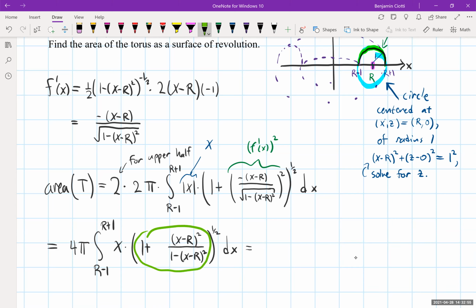This can be simplified, by the way. It's just 1 over 1 minus (x minus r) squared. So I get 4 pi times the integral from r minus 1 to r plus 1 of, after taking the square root, x over the square root of 1 minus (x minus r) squared.